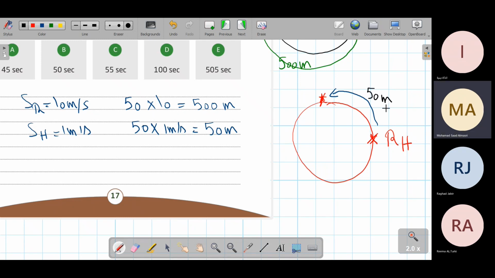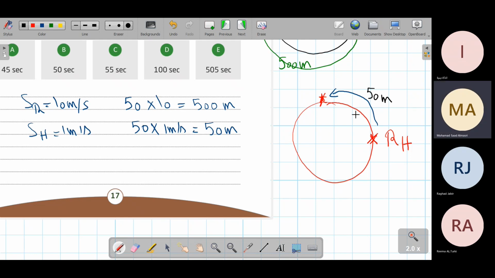50 meters. How many seconds does the rabbit need to reach the 50 meters, if he runs 10 meters per second, which means in each second he runs how many meters? 10 meters. So how many seconds will he need? He runs 10 meters per second, and he needs to run 50 meters to reach the finish. 5 seconds, excellent.